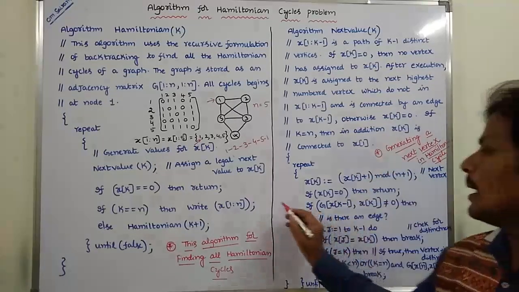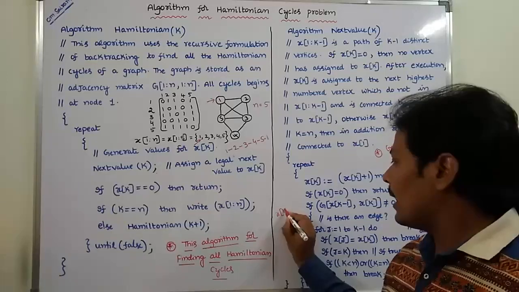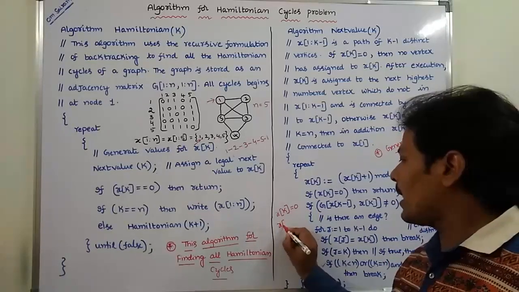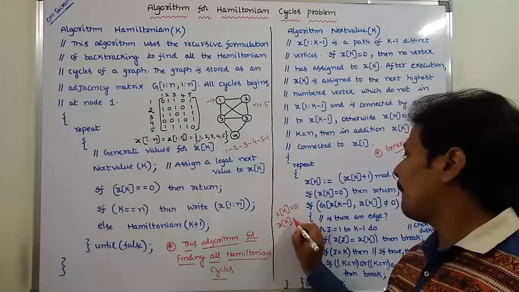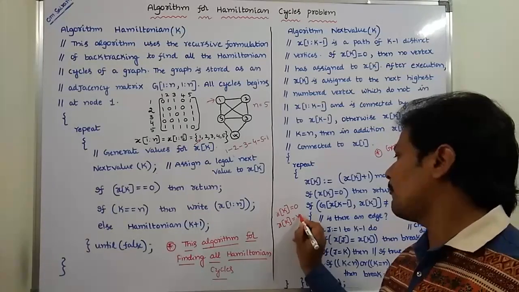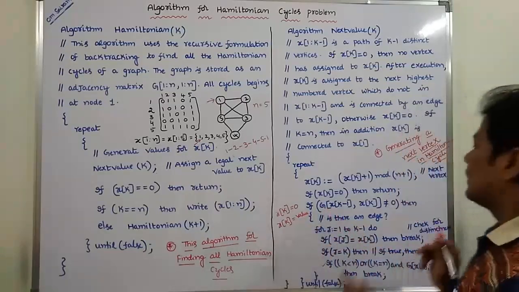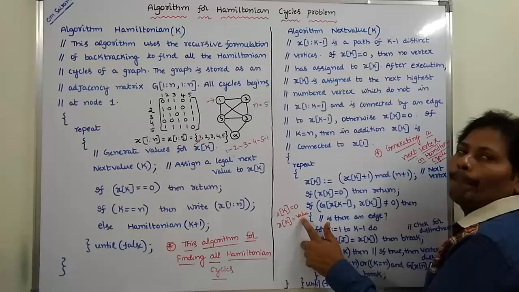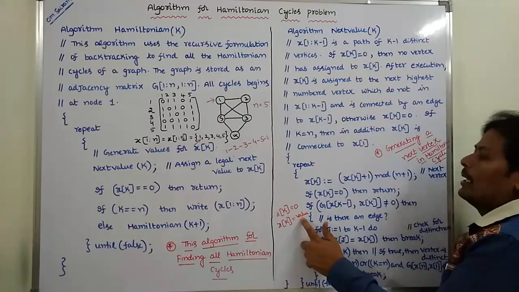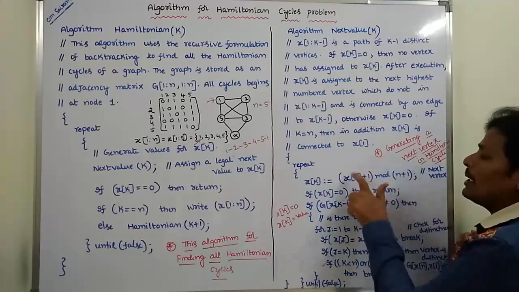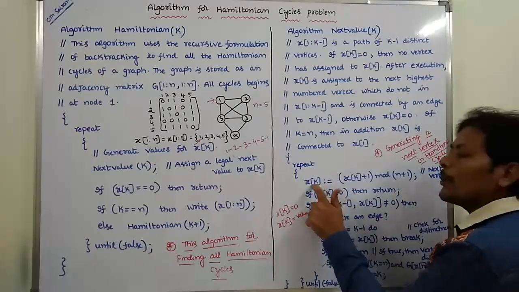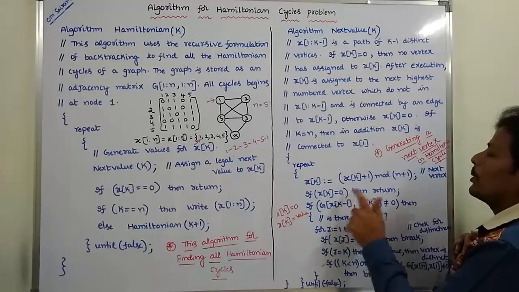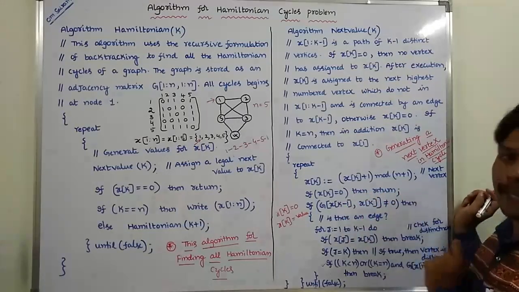Suppose x of k is equal to 0, or x of k is equal to some positive value. This function returns either 0 or some positive value. If this function returns 0, that is, if x of k is equal to 0, then return nothing.